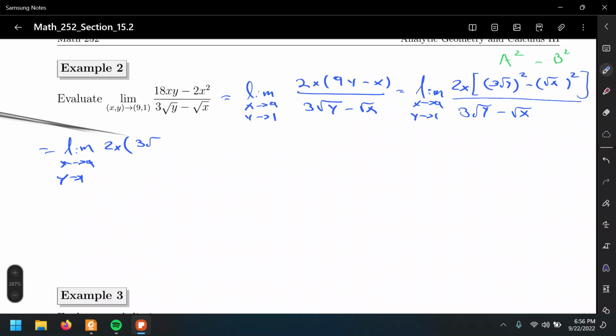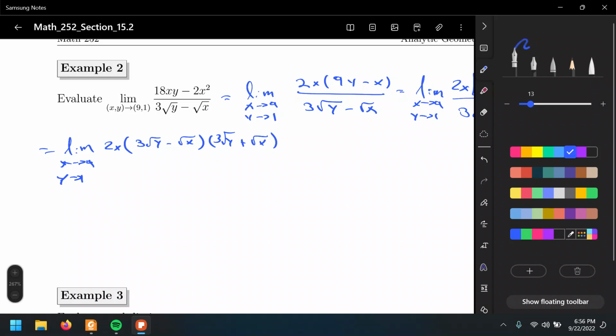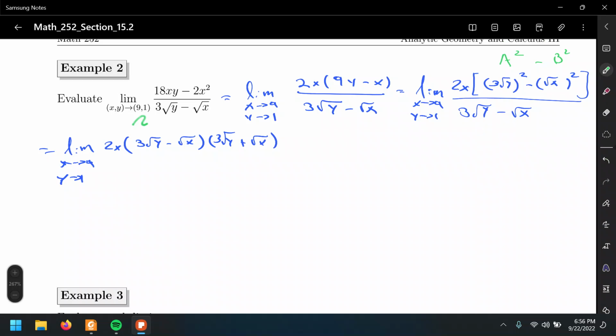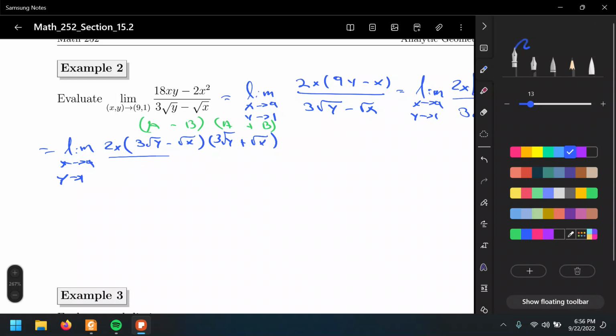So 3 root of y minus root of x, 3 root of y plus root of x. So essentially, we're treating this like a difference of squares in which this is a minus b times a plus b. Whole thing divided by 3 root of y minus root of x.